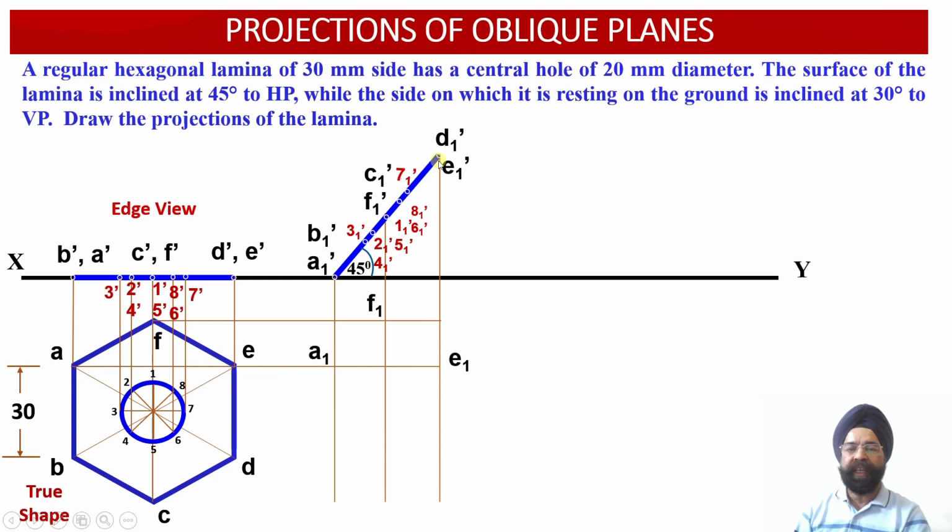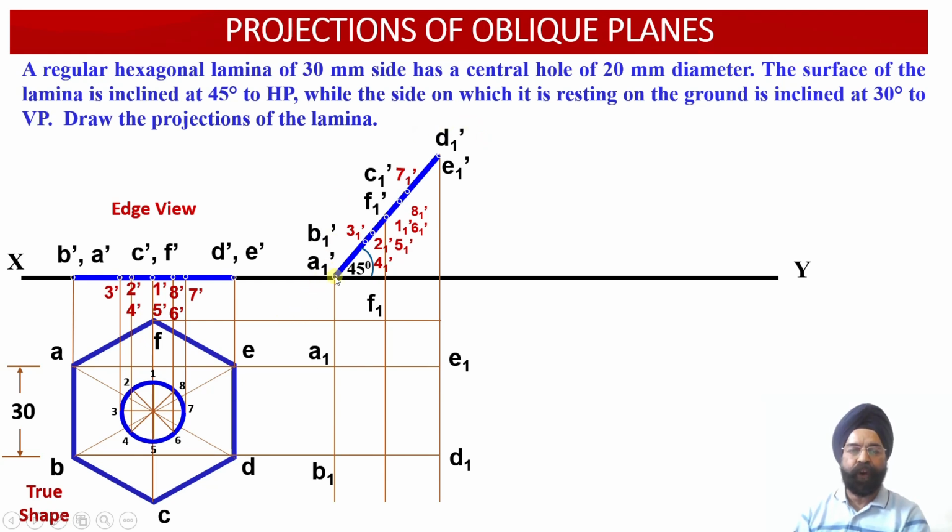Similarly, through the point E1 dash, we have drawn a vertical projector line and extended it up to the limit where it is going to intersect with the horizontal projector line drawn through the point E. So this intersection point has been obtained as E1 over here. Similarly, from B and D, we have drawn a horizontal projector line, and we'll see how this horizontal projector line intersects with the vertical projectors drawn through the points B1 dash and D1 dash.